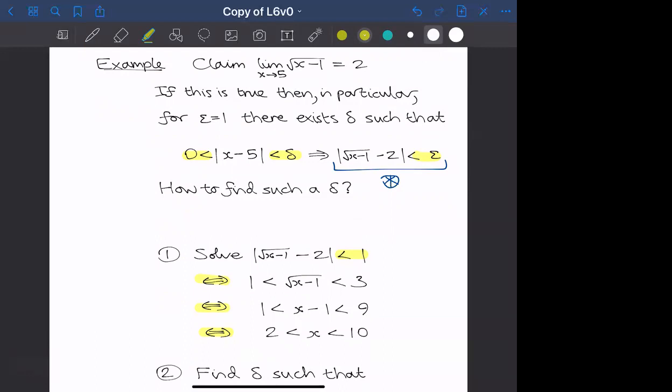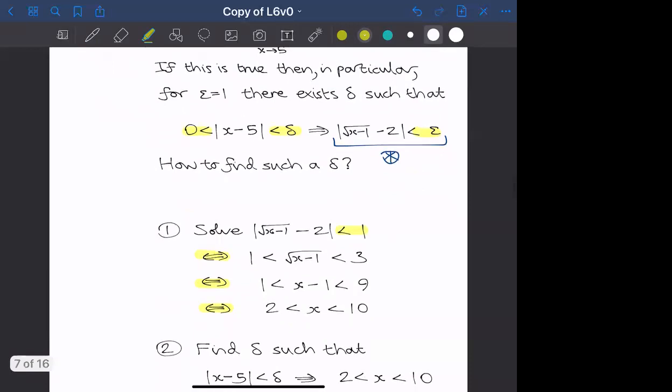The next step is to find a delta such that if x is distance less than delta from 5, then this inequality, so the solution inequality, is true. Okay.